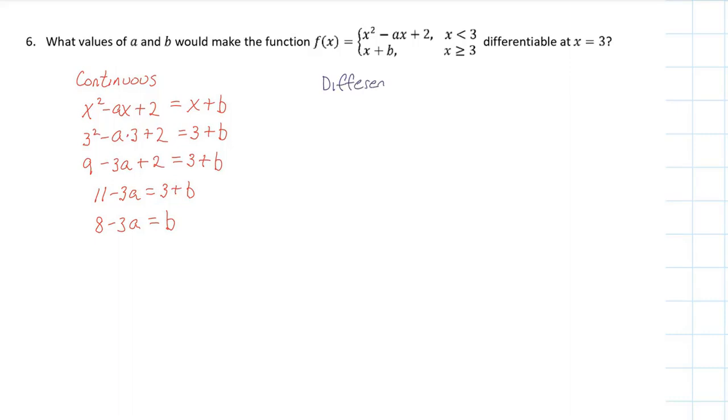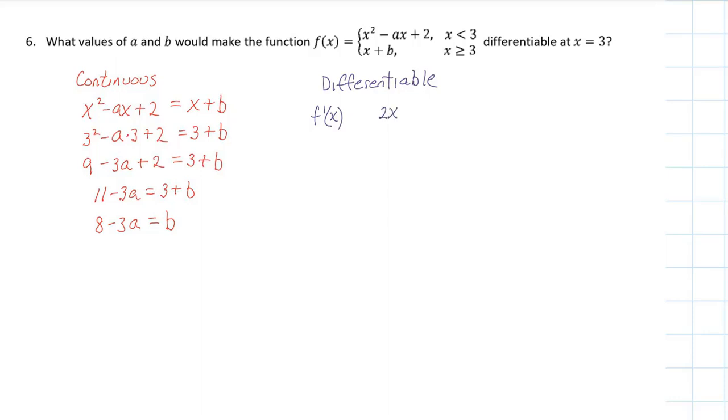Differentiable. So in order to figure out if we're going to be differentiable, we need to find the derivative. So f prime of x. Again, this is a piecewise function, so the derivative of x squared is 2x.